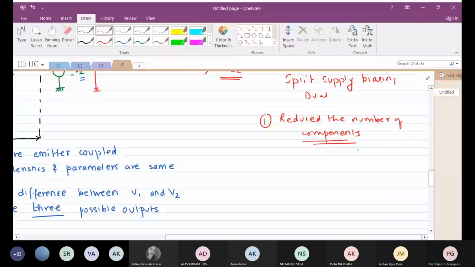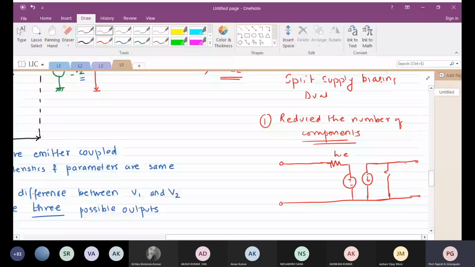What is that? If you remember the AC equivalent of our common emitter amplifier, when we were drawing the AC equivalent like this, I'm not going to draw the entire thing. So this was the AC equivalent. This was hie and so on and so forth. And then this was for the amplifier I am talking about.